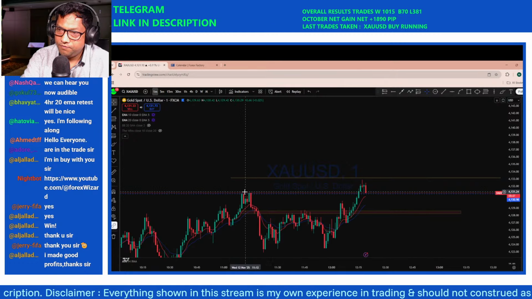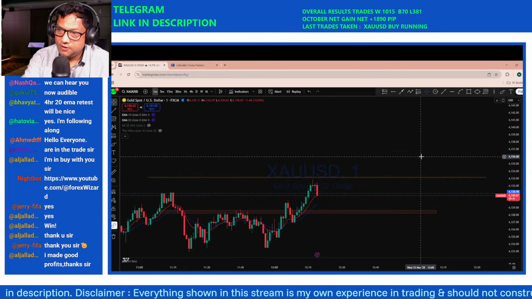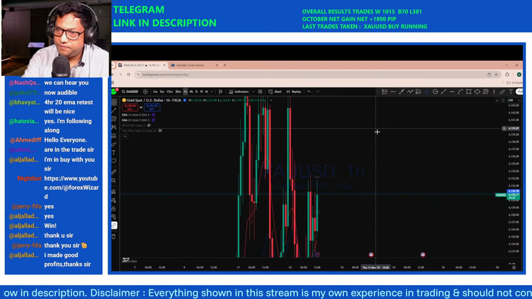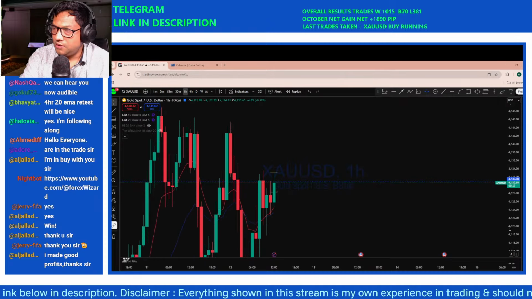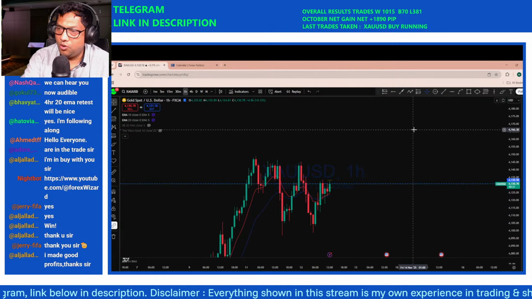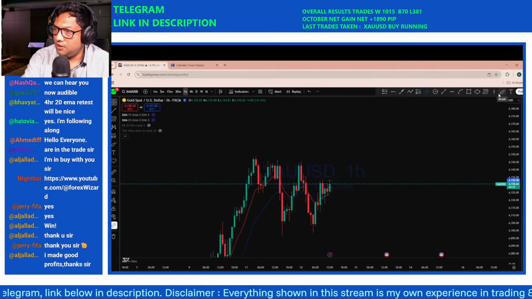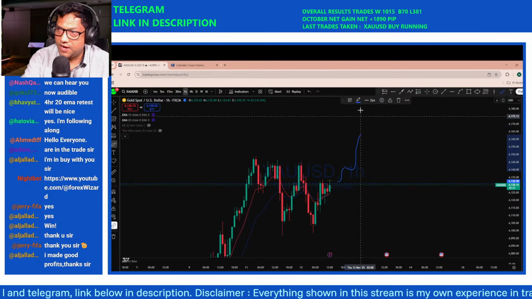It's on the retest of this previous resistance, which is turning support here. And from the 1 hour, creating a series of higher lows, it's pushing that market back above here.